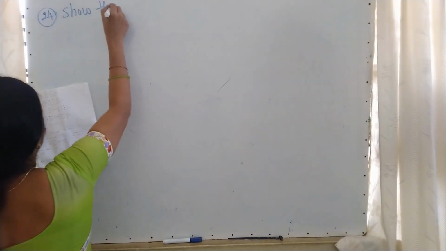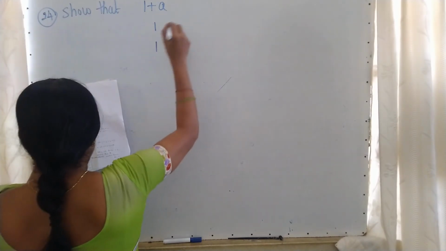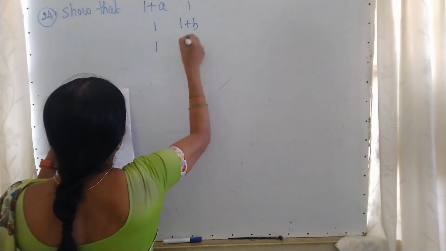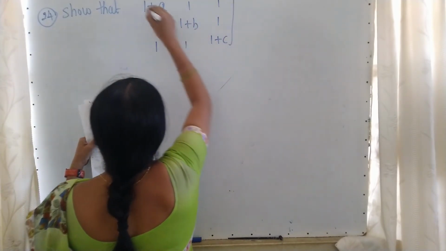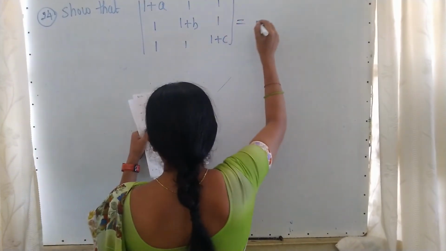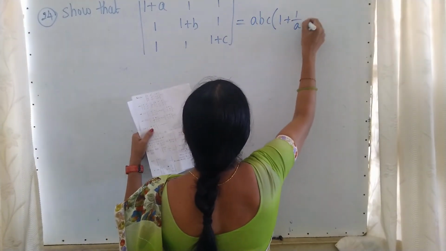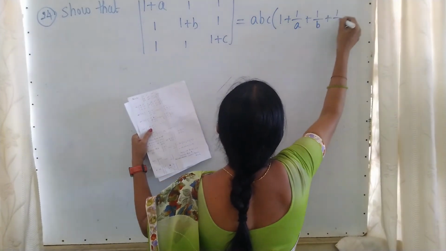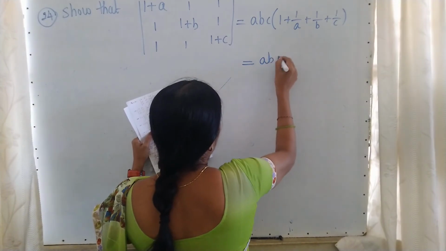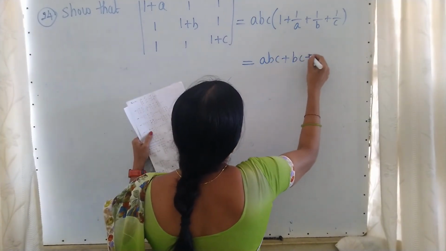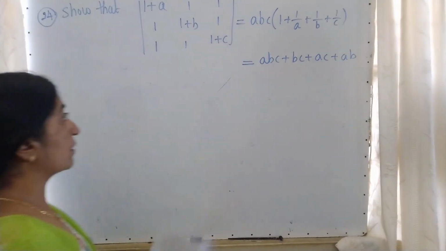Show that the determinant |1+a 1 1; 1 1+b 1; 1 1 1+c| is equal to abc(1 + 1/a + 1/b + 1/c). Again, they are asking one more result: that is equal to abc + bc + ac + ab. We have to prove these results.